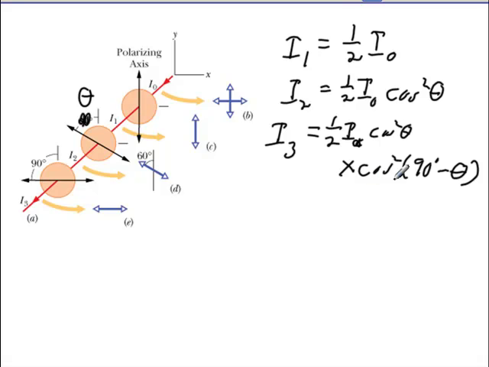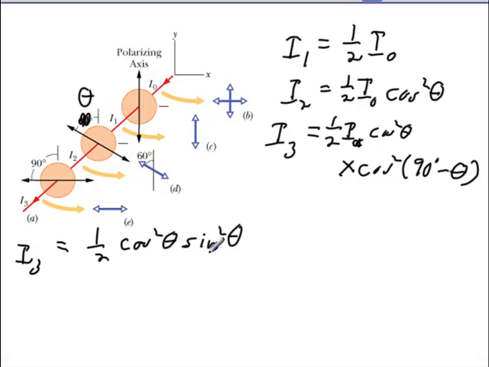Well, it turns out that the cosine of 90 minus theta is just the sine. So in other words, I3 is equal to 1/2 of the cosine squared of theta times the sine squared of theta.